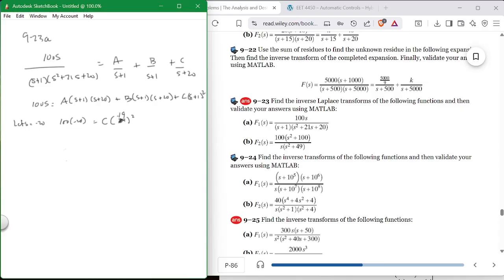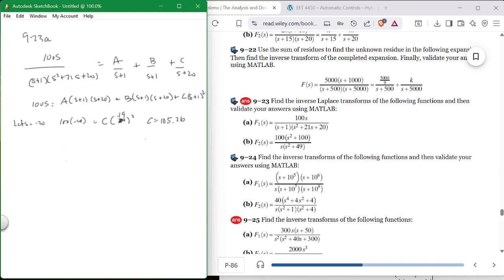So that gets you C. I knew it's going to get bad. 100 times minus 20 divided by minus 19 equals 105.26. Okay, so C equals 105.26. These are nasty numbers.